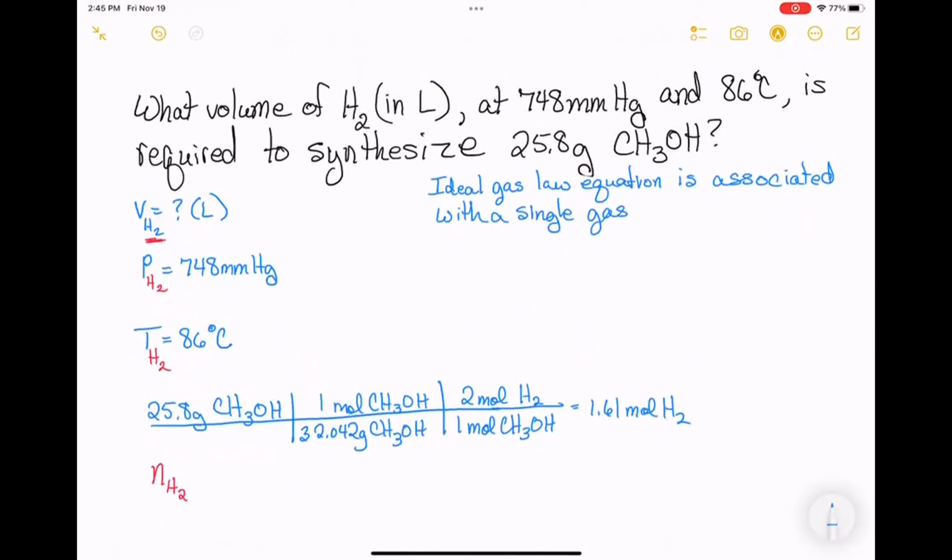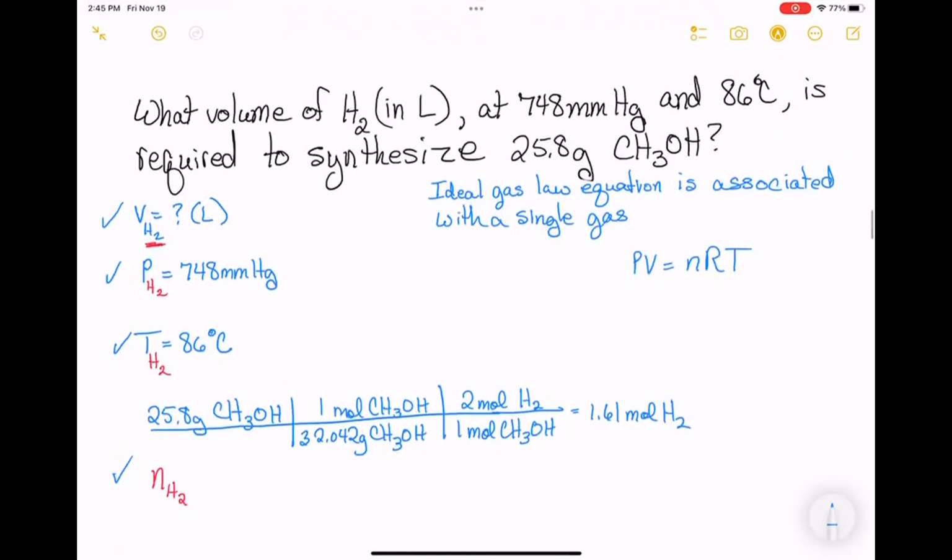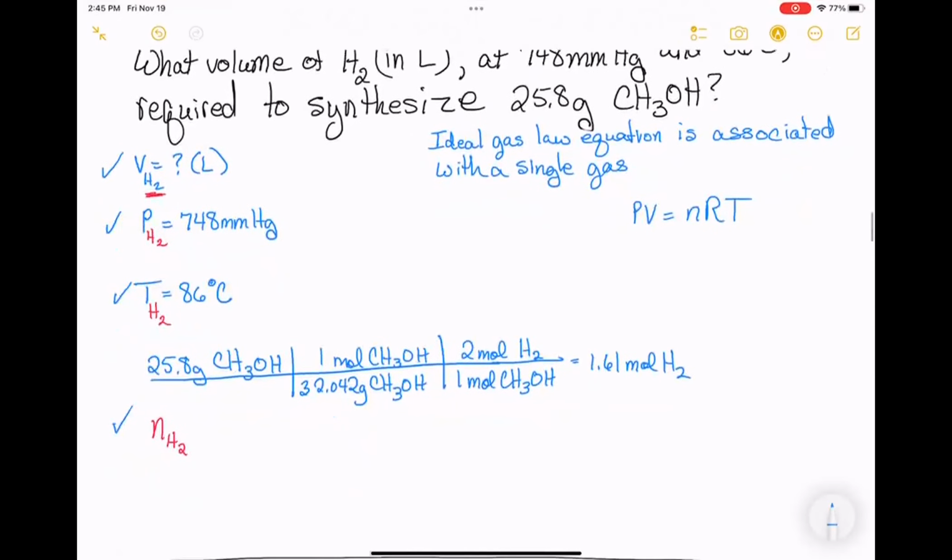So thinking about our equation, we have P, V, N, T. So we will be using PV equals nRT. To be able to use that, we're going to need our R value, which is going to equal 0.0821 atmosphere liters per mole Kelvin. Now we need to make sure all of our units are matching.